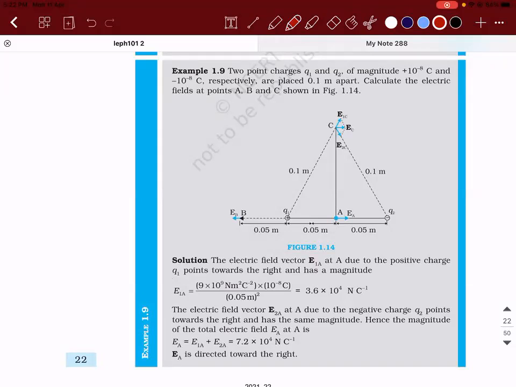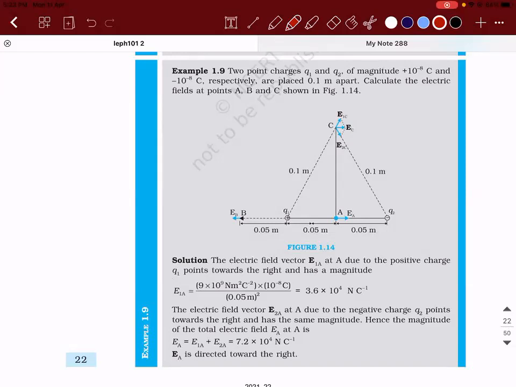What about point B? Point B is at a distance of 0.05 meter on the left of the positive charge. They need not say left of positive charge. If this is the question, they will say it is at a distance of 0.05 meter from the positive charge along the line joining both the charges.